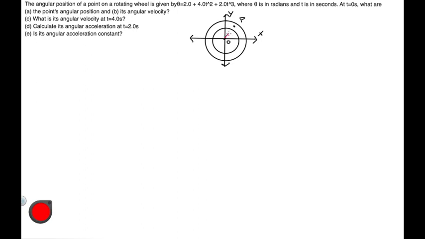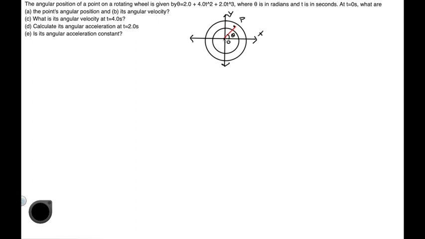This is the line that connects point P to the origin, and this line is going to make an angle with the x-axis that we call theta. That's the measurement of the angle between this line right here and the x-axis.